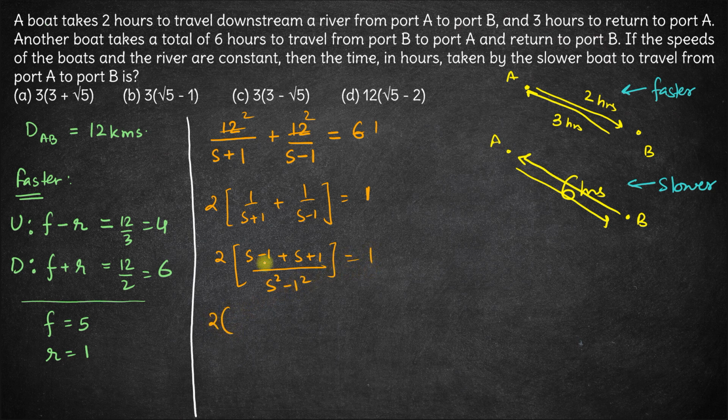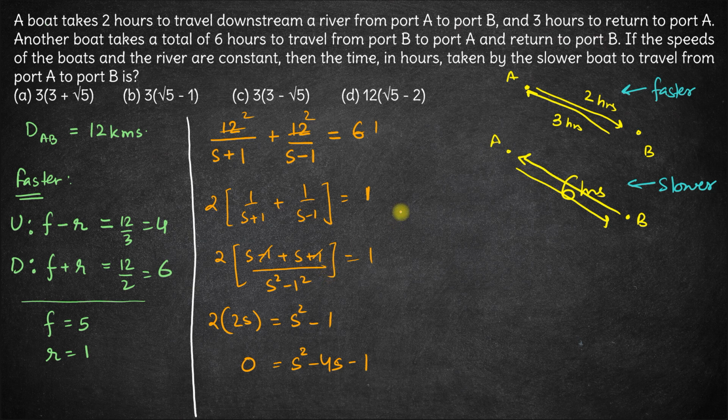So we have twice of minus 1 plus 1 cancels out, twice of 2s is equal to, this gets multiplied here, s square minus 1. So taking this on the right hand side, this becomes s square minus 4s minus 1 is 0.